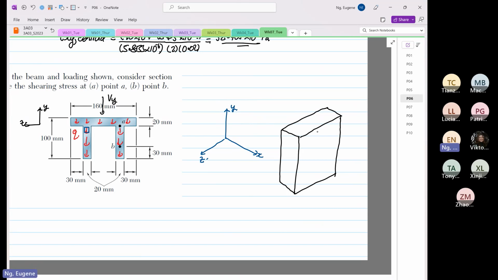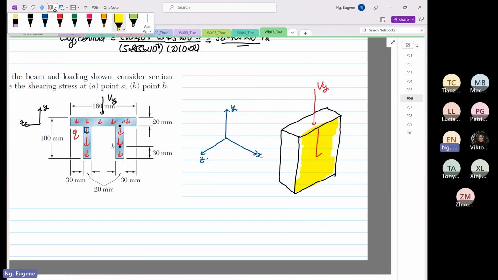So what we are finding is this shear stress over here. We know that this is our VY coming down, so our shear stress is in this direction. If you look at this plane that I'm shading in yellow now, this plane will intersect the x-axis.